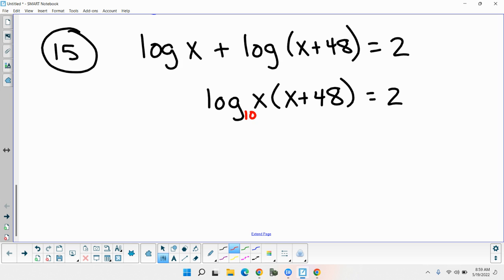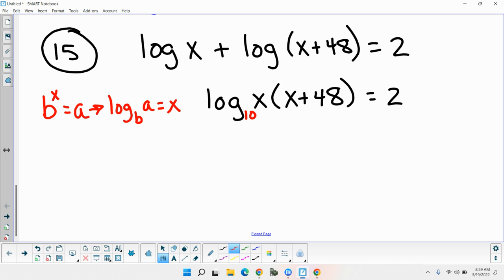Here was a little formula we learned: the log is log base b of a equals x. That's where the things went.